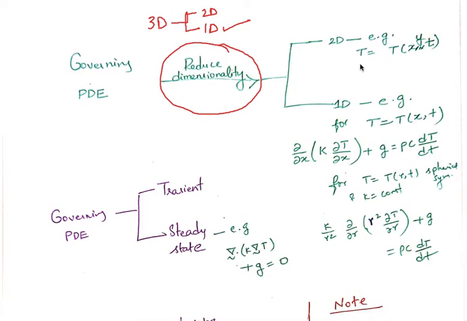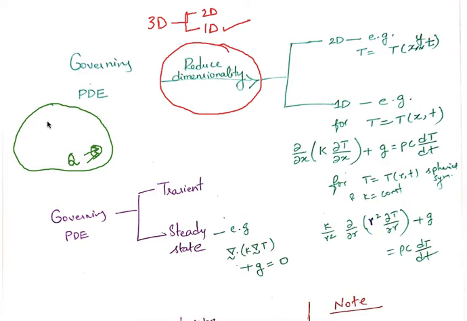So for example, let us say I have a thin plate, okay. Now in the thin plate, let us say that somewhere I am inputting the heat, okay. So over here I am inputting some heat flux, Q, and I am looking at how the temperature evolves within the plate.